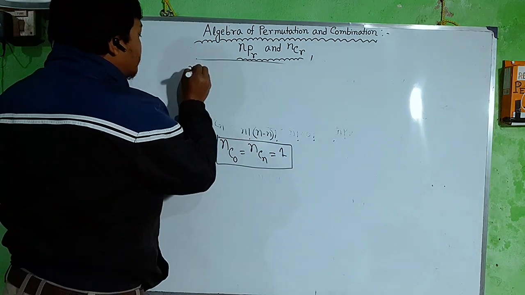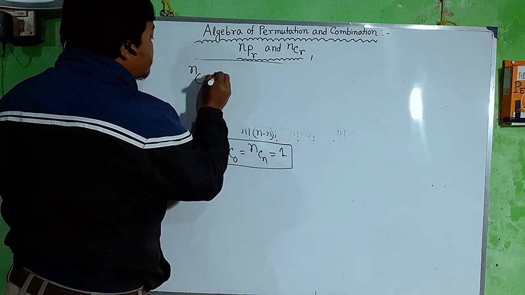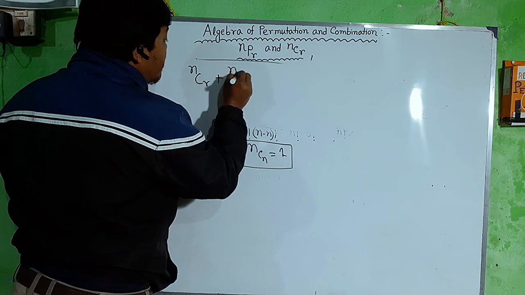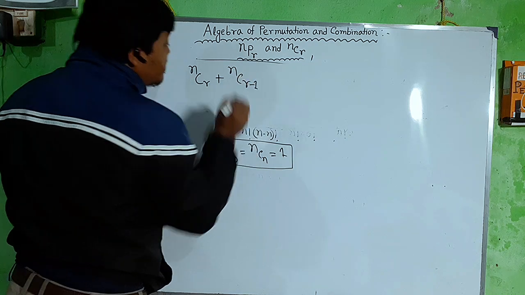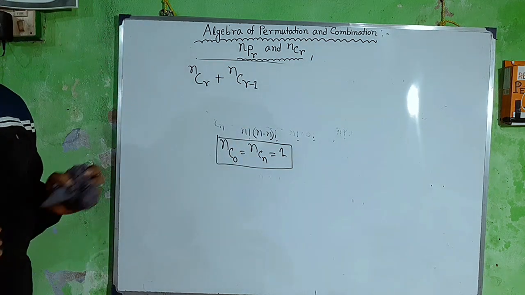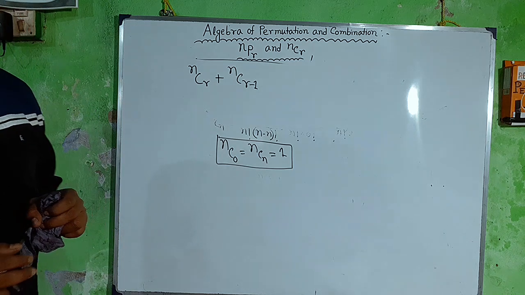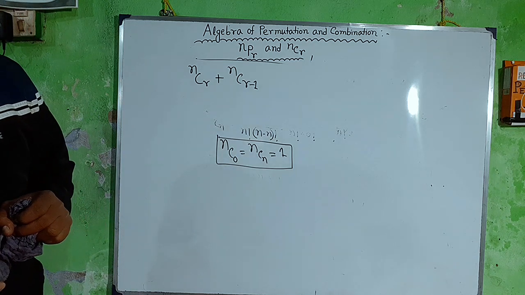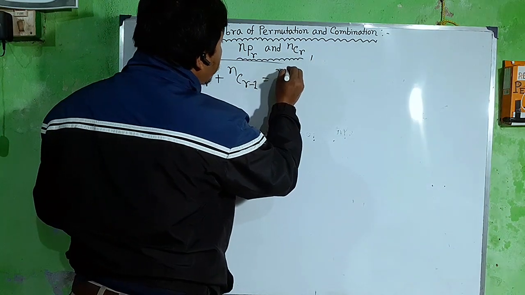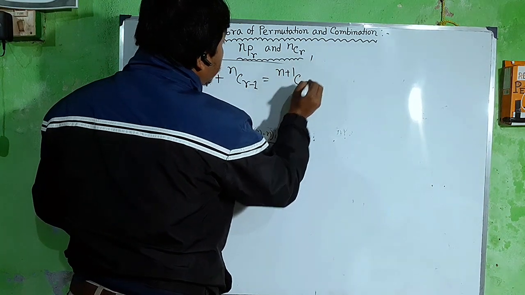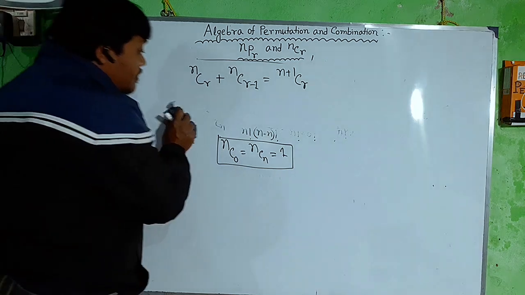This is the most interesting result and you can use it every time: nCr plus nC(r minus 1) gives (n plus 1)Cr. If you calculate, you will get the result.